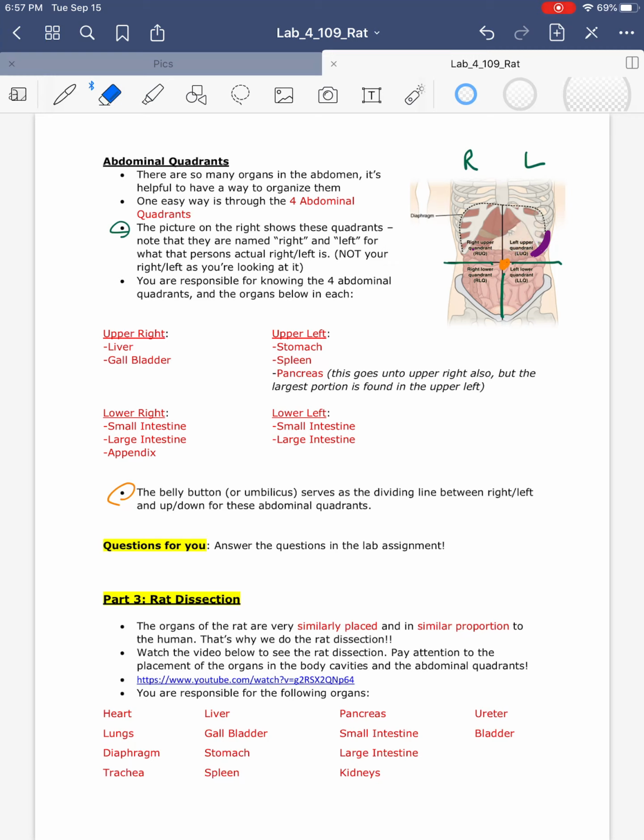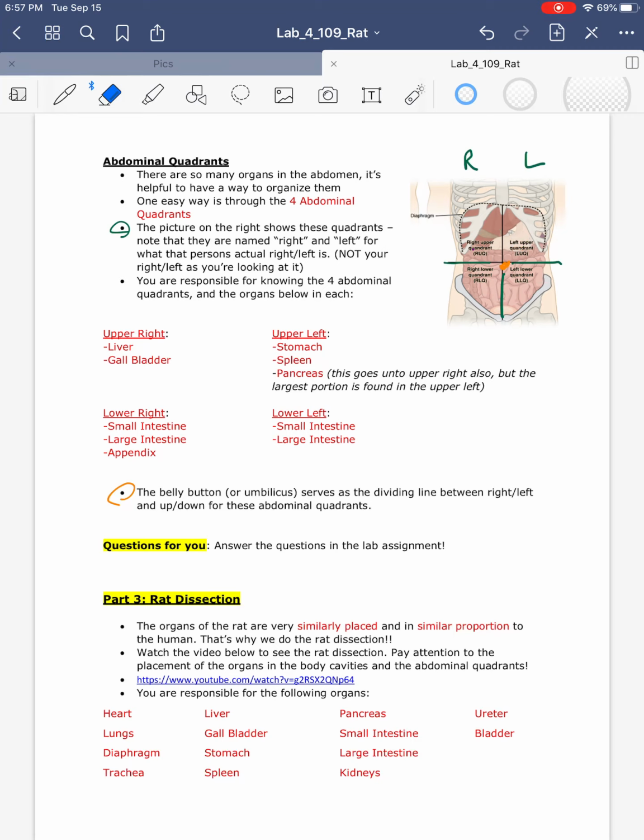Now, the pancreas is kind of an interesting one because the pancreas is behind the stomach. And it's listed here as being mostly on the upper left, even though a little bit of it goes to the upper right. So what I'm coloring here in orange is where the pancreas is, mostly on the upper left. Maybe a bit of it comes to the upper right, but it's behind the stomach.